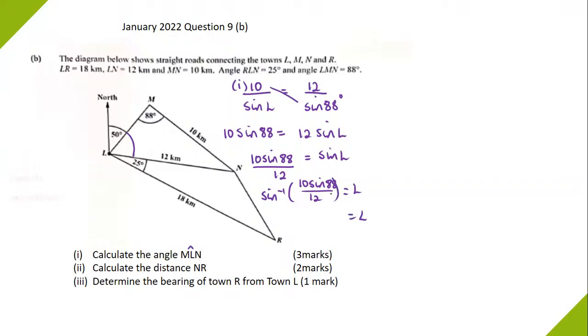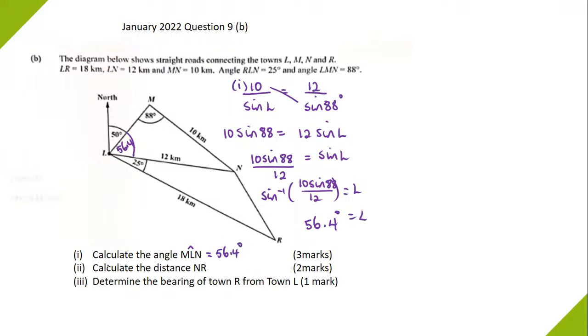You put all that in your calculator and you're going to get 56.4 degrees. So this angle here that we were working out is 56.4 degrees, right? Which is the angle they wanted us to calculate, MLN. So the angle here is 56.4 degrees.